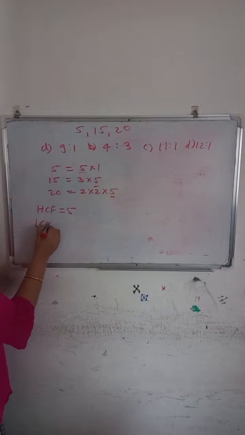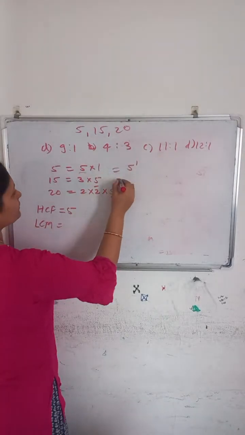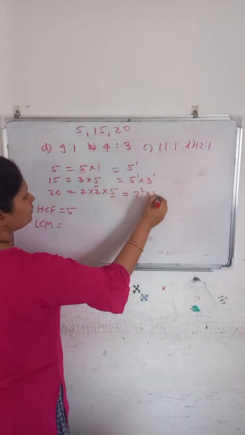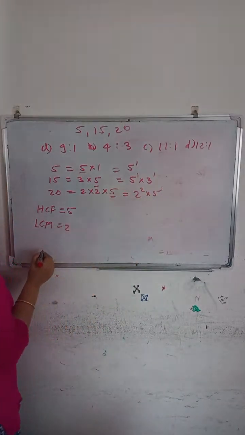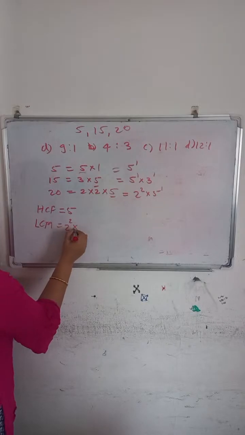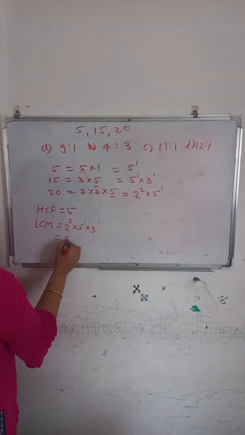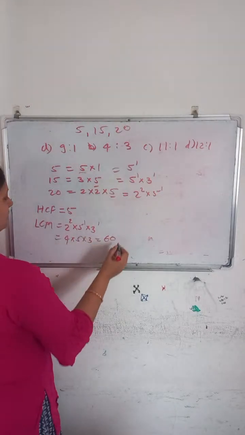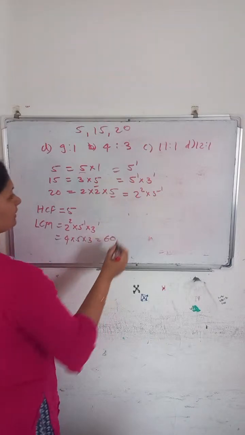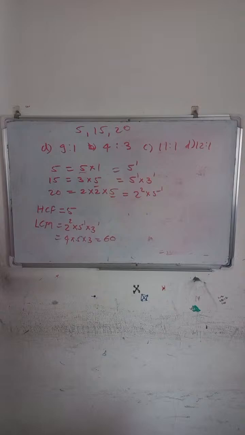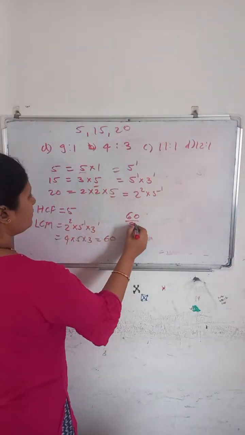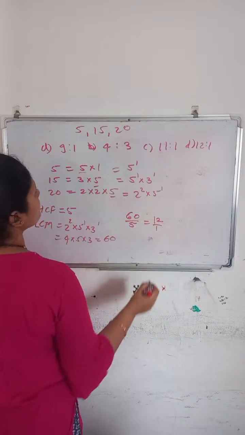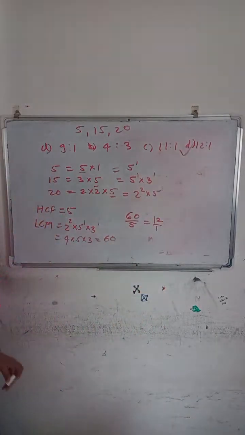And LCM is 2 raised to 2 into 3 raised to 1 into 5 raised to 1, so 4 into 5 into 3, which is 60. They are asking for the ratio of LCM to HCF, so 60 by 5, we get 12 by 1. So option D is the correct option.